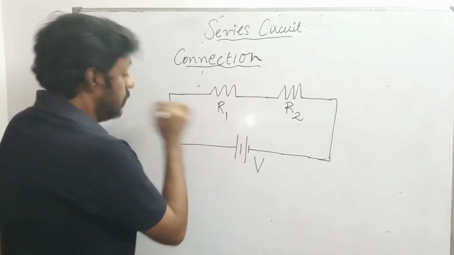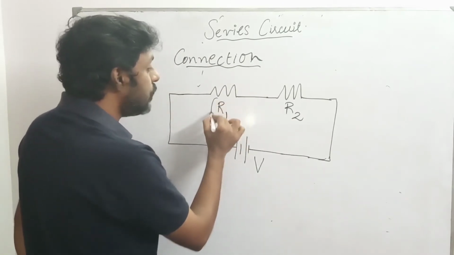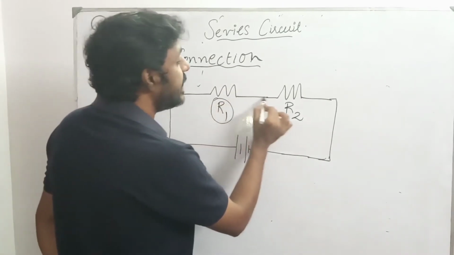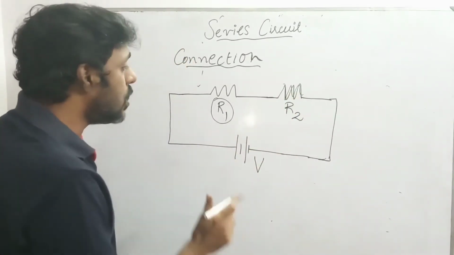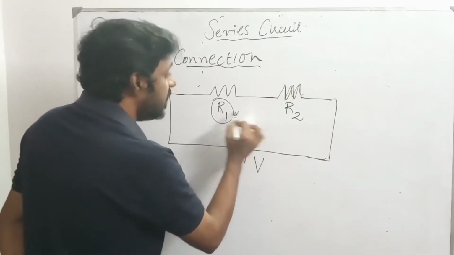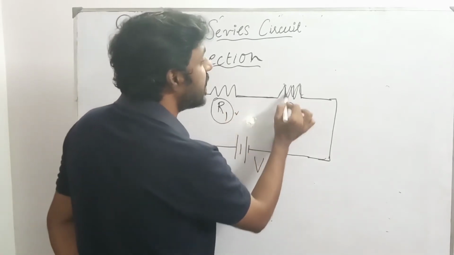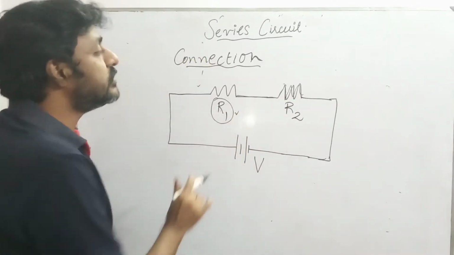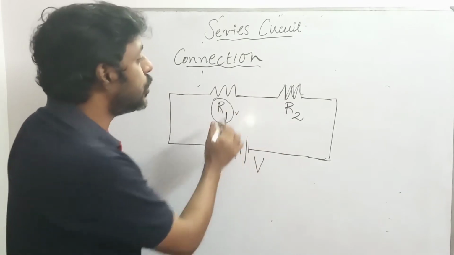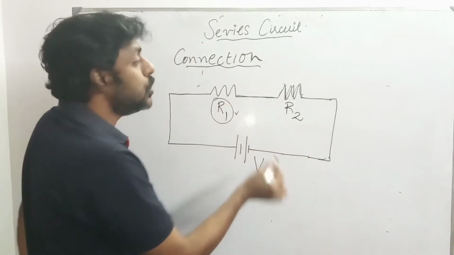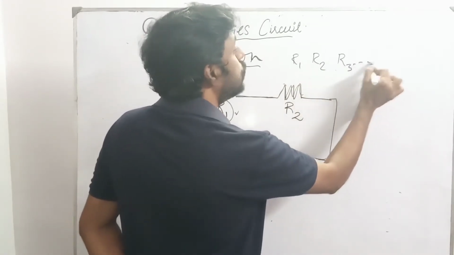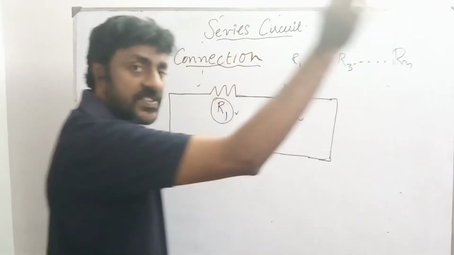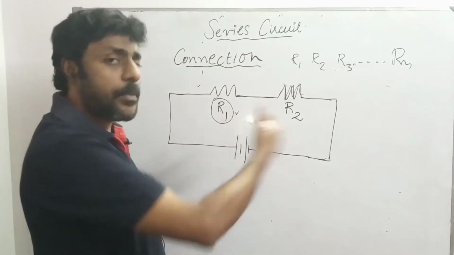Because the resistance is connected in line with another resistance. It is not mandatory that you have only two resistances. You can have R1, R2, R3 up to n number of resistances.